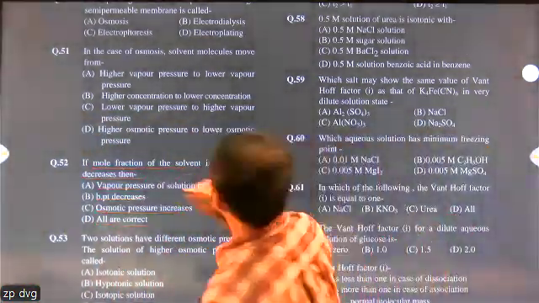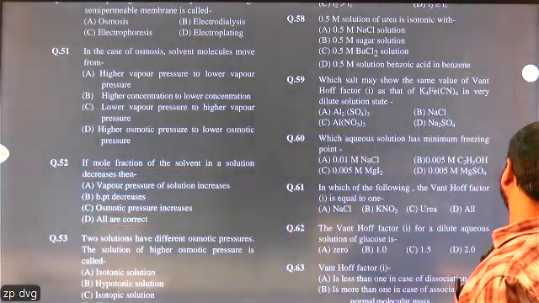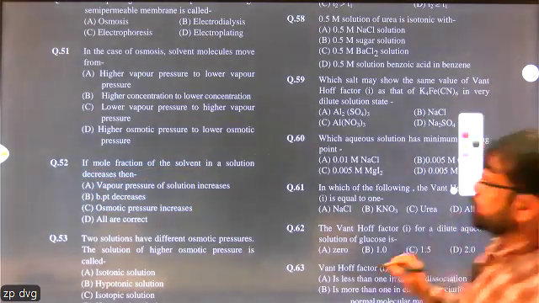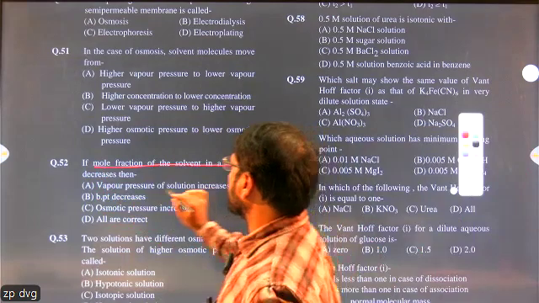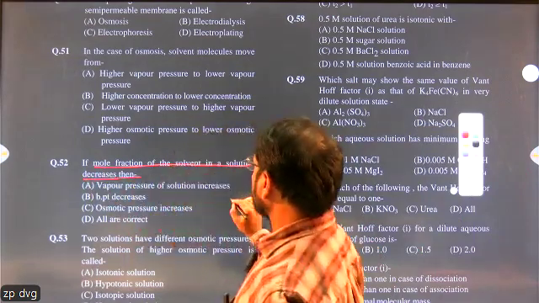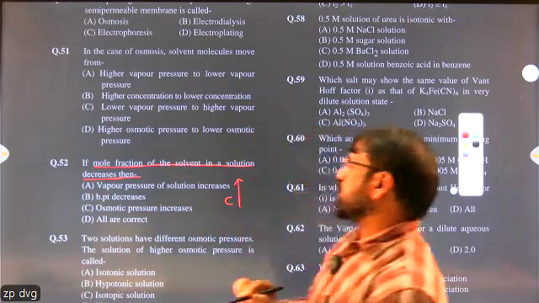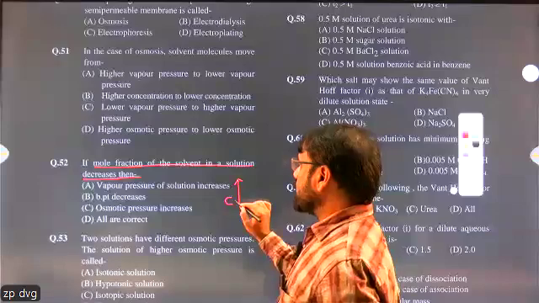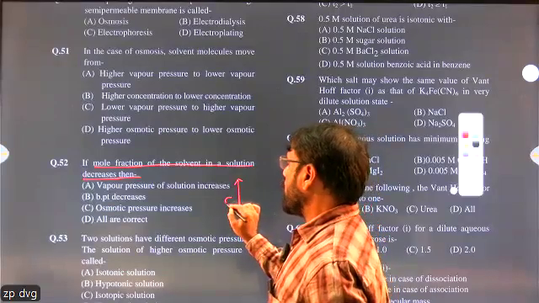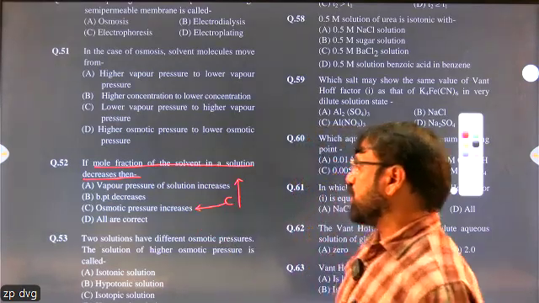In question 52, the mole fraction of the solvent in the solution decreasing means we are increasing the concentration of the solution. Concentration increasing means the osmotic pressure is going to increase.